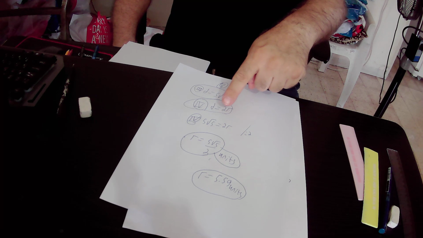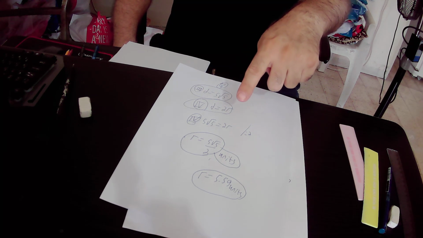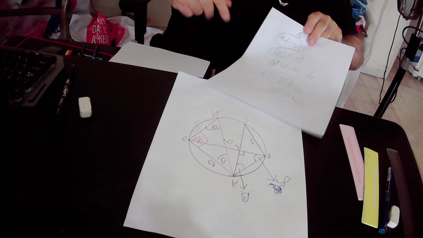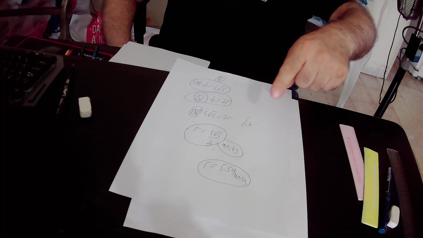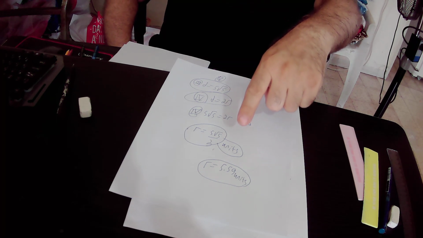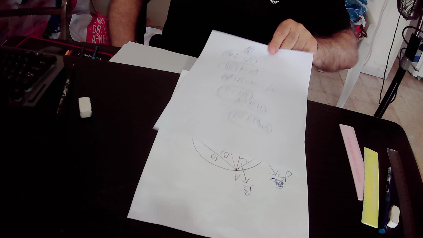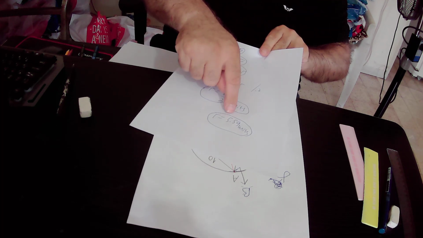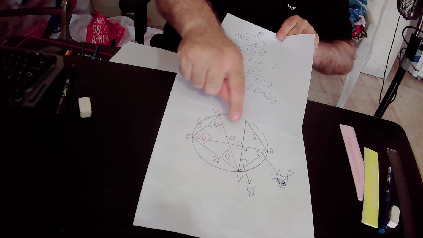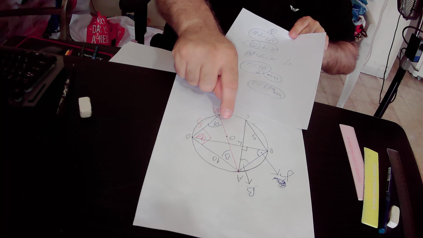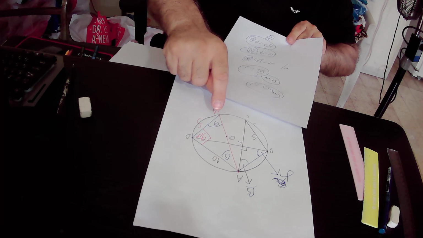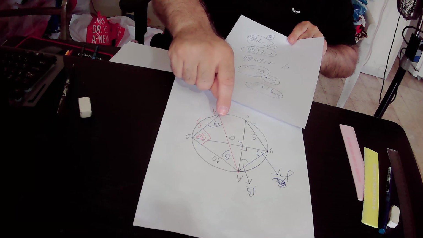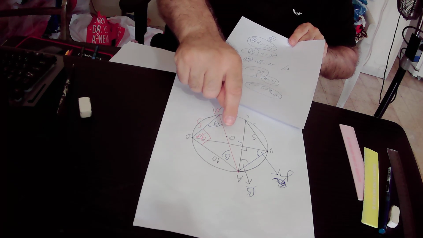We divided equation number 4 by 2, and we got that the radius of this circle equals 5 times root 5 over 2 units, or in numbers, 5.59 units. Or it can also be presented as 5 times root 5 over 2 units.